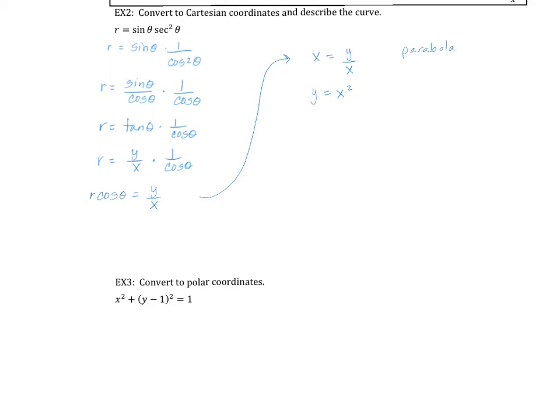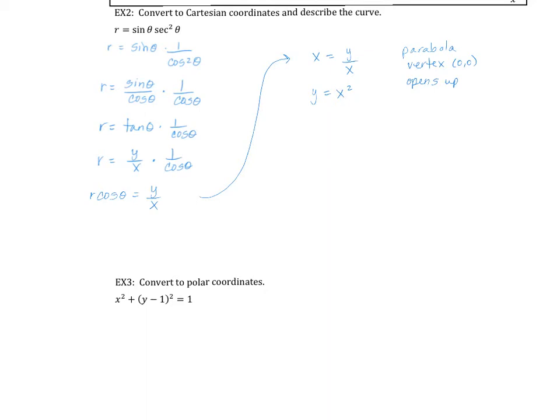Where is this? Well, I know the vertex is 0, 0. I also know that it opens up. What else do I know? Let's see, my xy intercept is the same as the vertex, so that doesn't help. So I know where the vertex is. I know it opens up from the vertex.